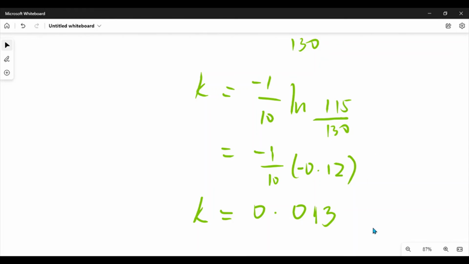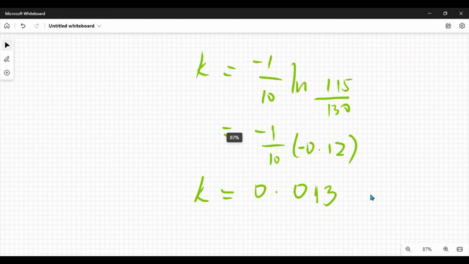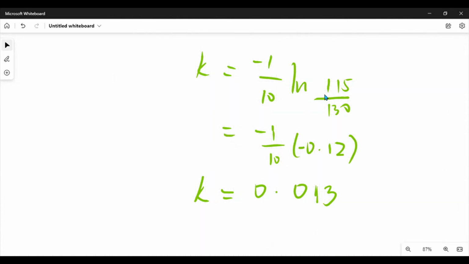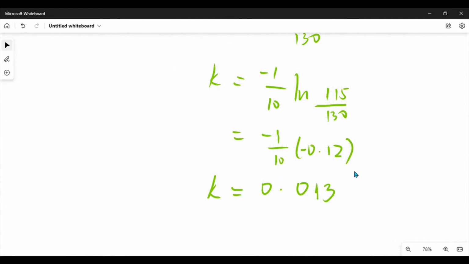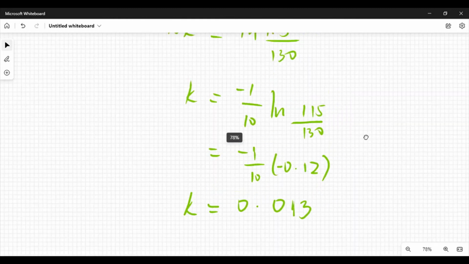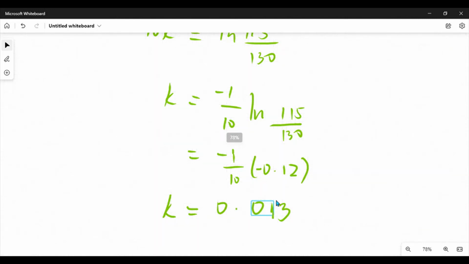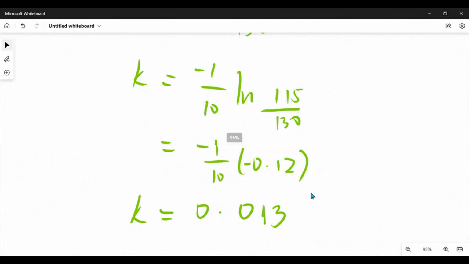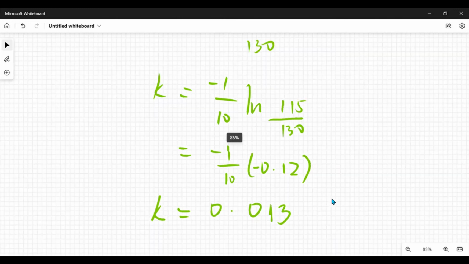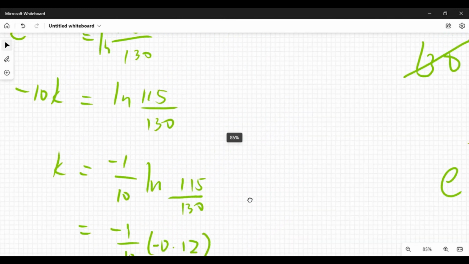So our k here is approximately equal to 0.013. Again, this value might change depending on the number of decimal places that you use after getting the natural logarithm of this number. So k is 0.013.